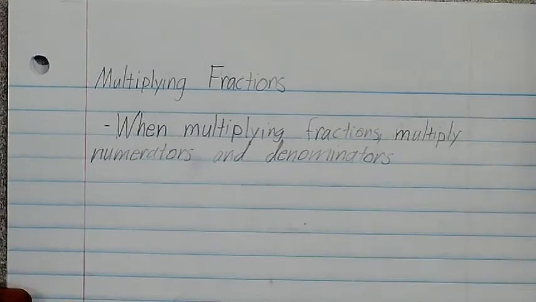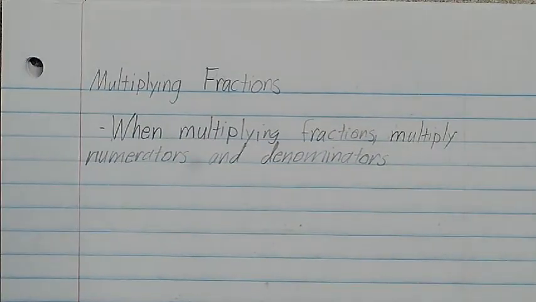All right, so again, we multiply numerator times numerator, and then we multiply denominator times denominator, okay?